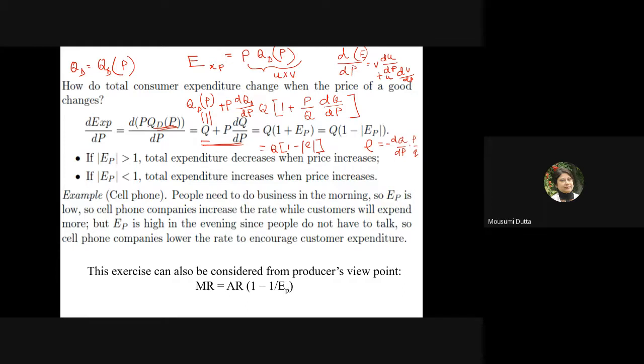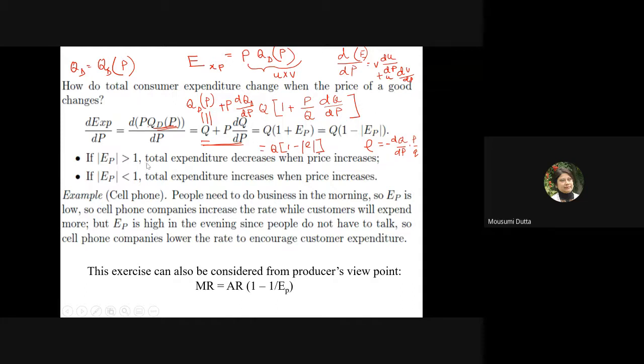Using the notion of elasticity of demand, we will now go for another format, which is again a very useful concept. Now we will consider the price elasticity of demand from the producer's view. When we relate the price elasticity of demand with the concept of expenditure, we are looking at the problem from the view of the consumer: how does total consumer expenditure change when the price of a good changes?